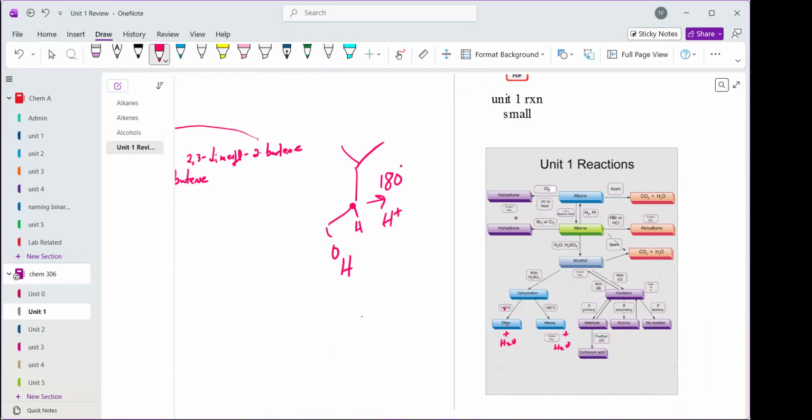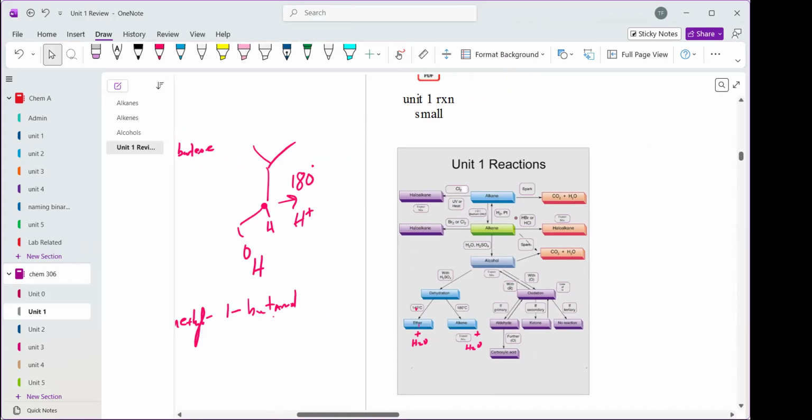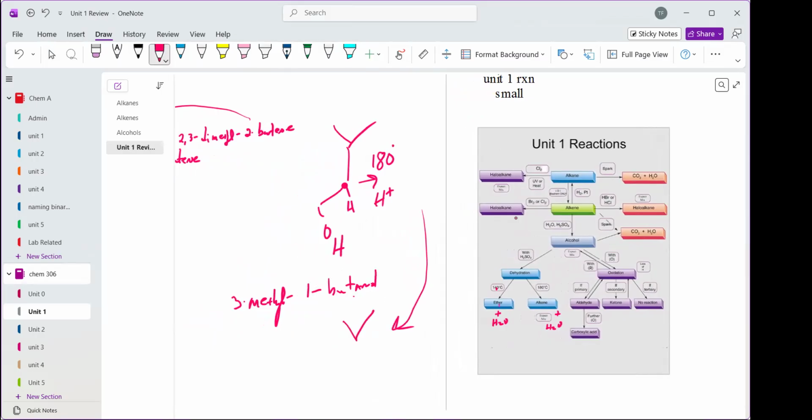So if it's on the end, carbon number 1, so this would be 1-butanol, then 1, 2, 3 methyl. Then you'd only get the double bond at carbon number 1 rather than carbon number 2. So what you'd end up with is that.